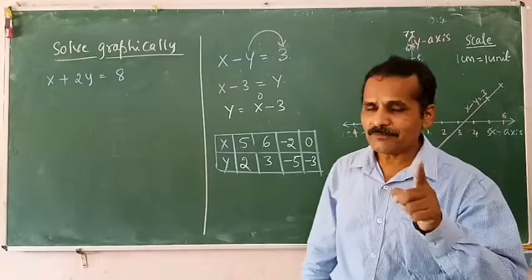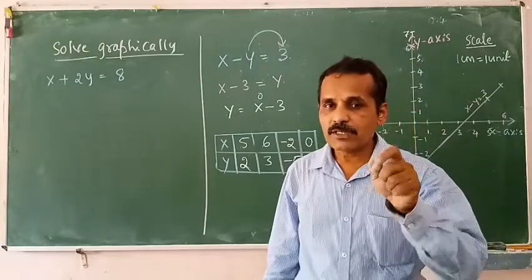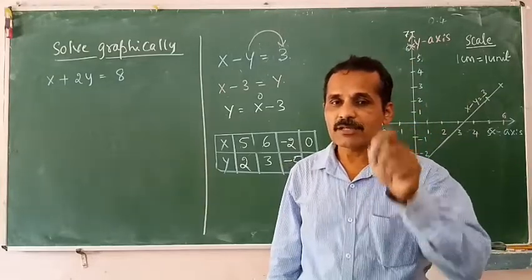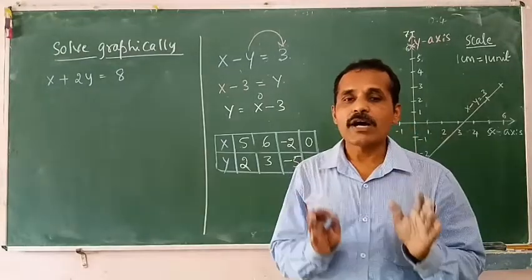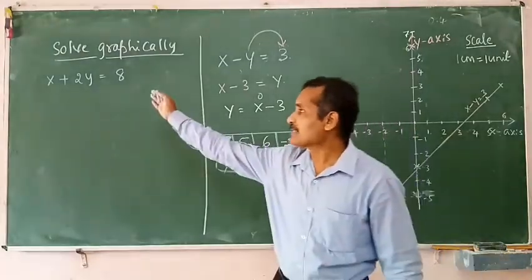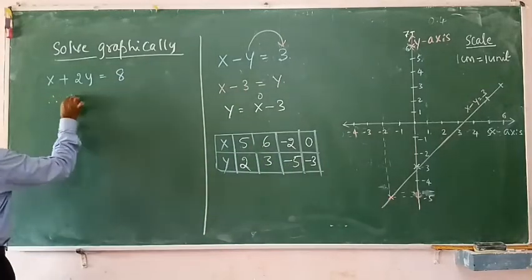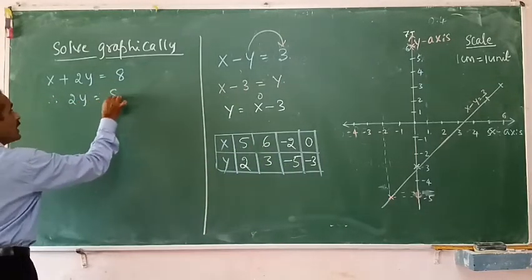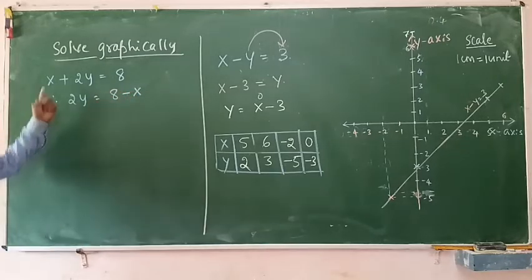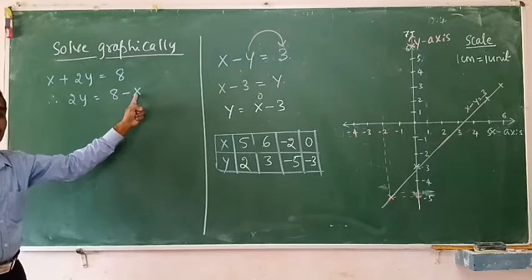I have told you the method. Y must be in the LHS, and y must be positive. Y is already positive, no need to take any tension there. I can write therefore 2y is equal to 8 minus x. See, one of the terms I have shifted from LHS to RHS, so plus x becomes minus x.